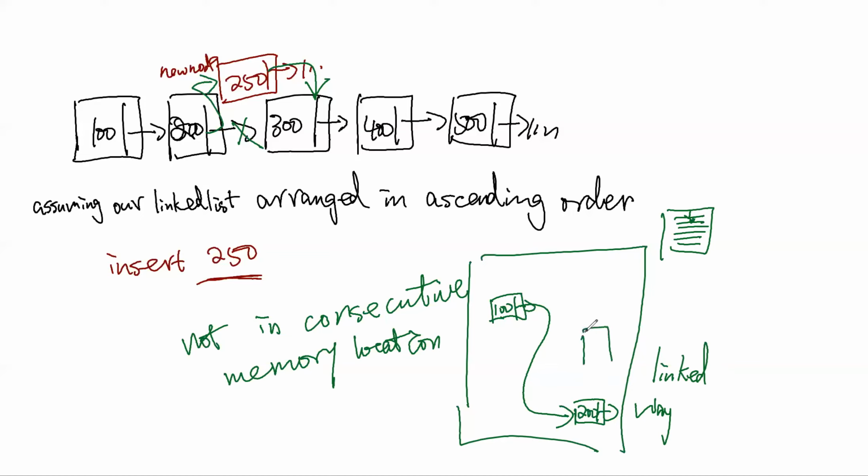And then you have 300 here. And for this 250, then you see the benefits. 250 will find an available place. Then this points to here, and for 200, I'm going to reset its next to point to this 250.